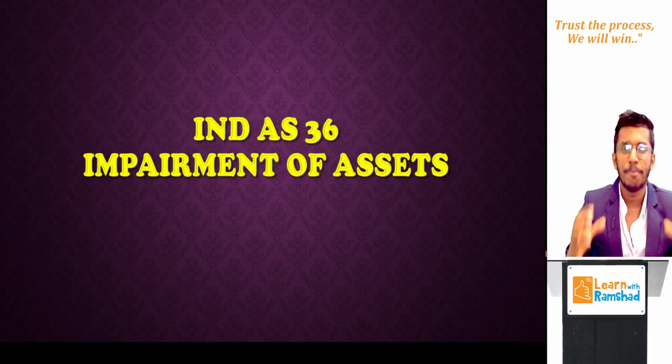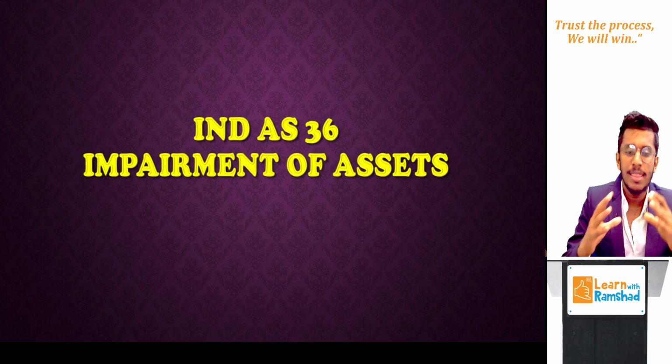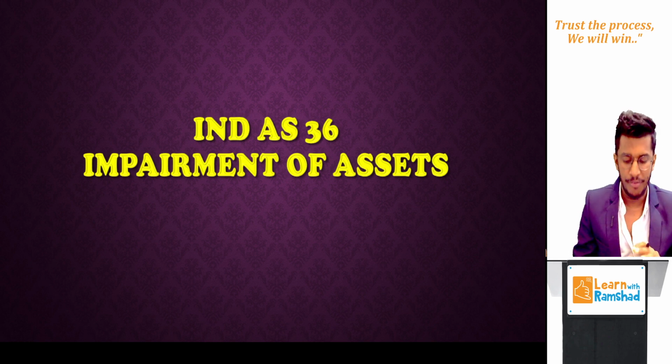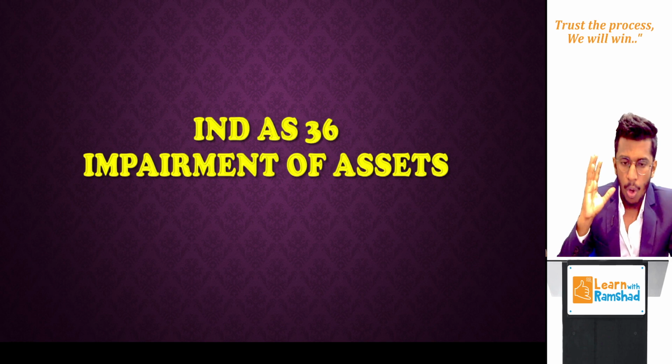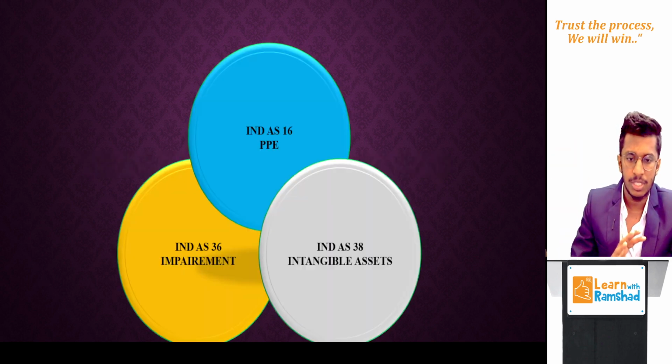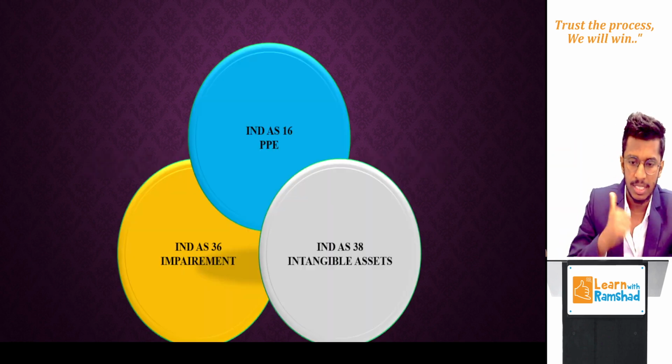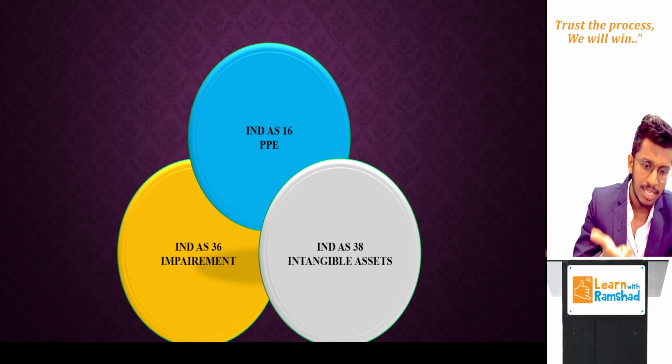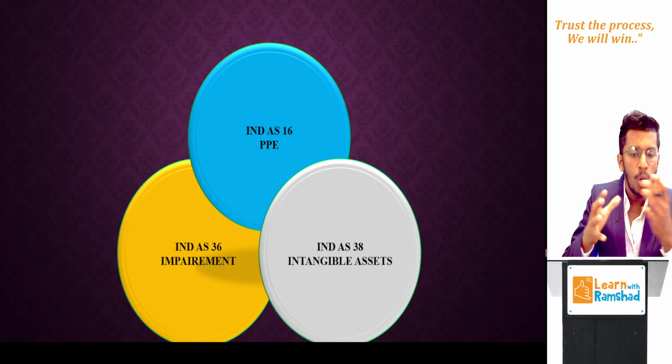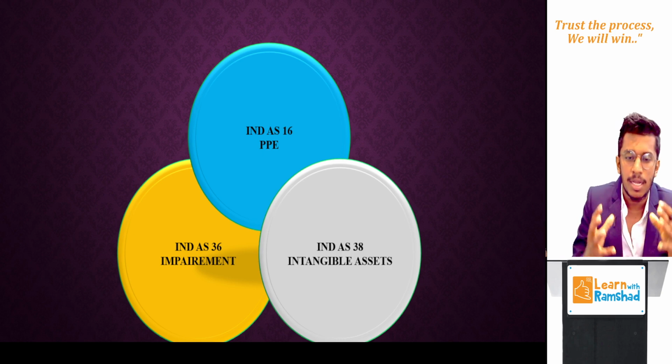Now we come to a beautiful topic, Ind AS 36, impairment of assets. This is the first standard we take. Out of the standard discussions, the first three standards will be Ind AS 36, Ind AS 16 and Ind AS 38. All these three standards are interconnected. There is a connection between the topics.